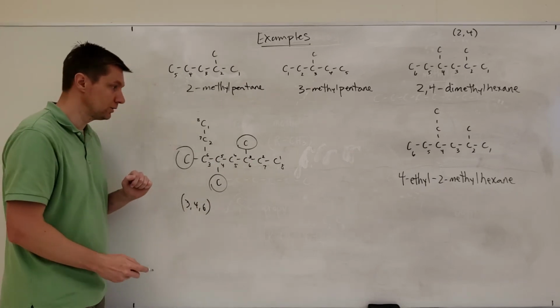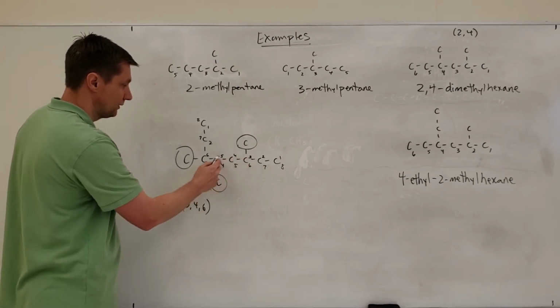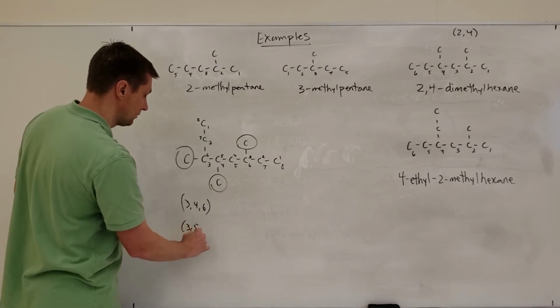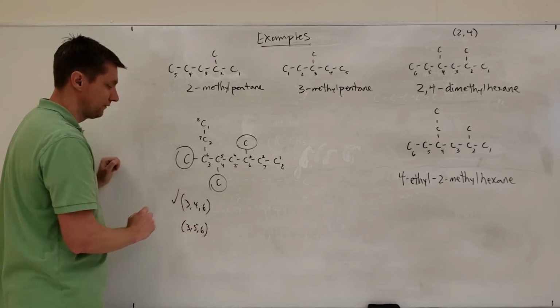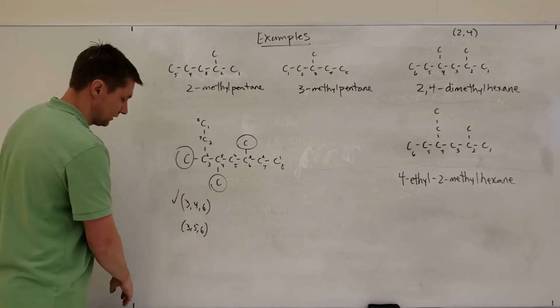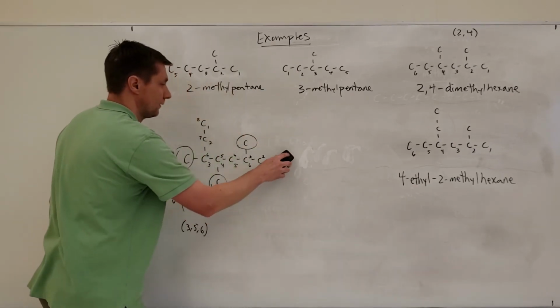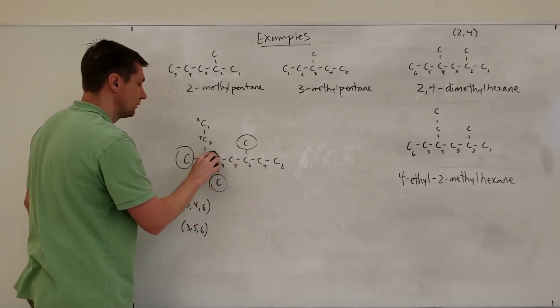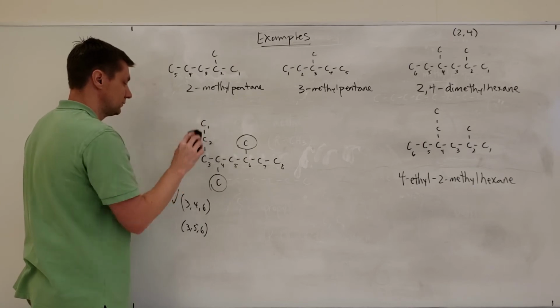That's one set of numbers. And this one, I've got 3, 5, and 6. So you can see that the first set of numbering is the one that I want. That's the lower set of numbers, and so that's the one I'm going to go with. So I can get rid of these other numbers here that are in the way, so they're not confusing.